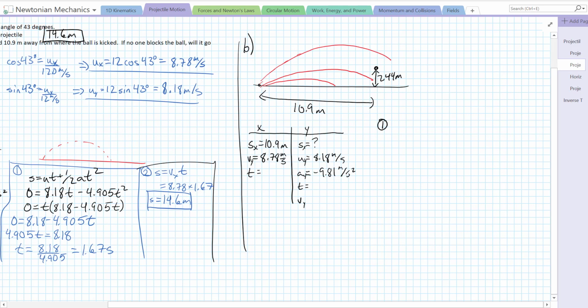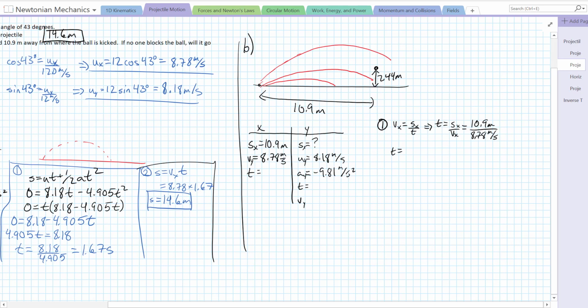So let's do that. In the x direction, speed is displacement over time. Because there's no acceleration, velocity is displacement over time. We solve that. We get time is displacement over velocity. So that's going to be 10.9 meters over 8.78 meters per second. We get our time to the goal.